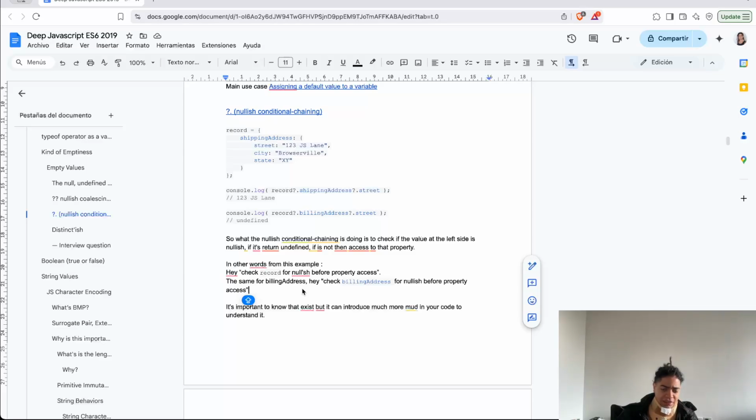But again, the idea of this is to improve the readability of your code. Try to avoid this. Be descriptive of what you are doing, which is one of the philosophies of this particular course, especially with coercion and equality.